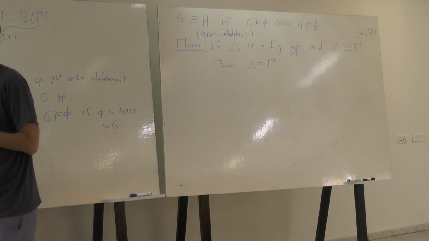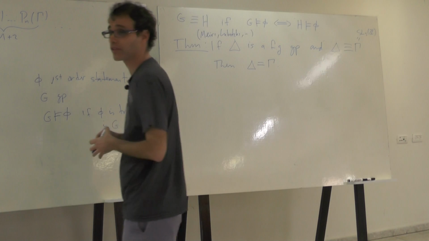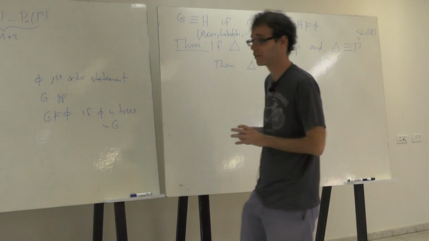Hopefully we will have the technology to prove it for every lattice in an isotropic group, the Q points, the Z points of an isotropic group, but right now I claim it only for SLN. Okay.